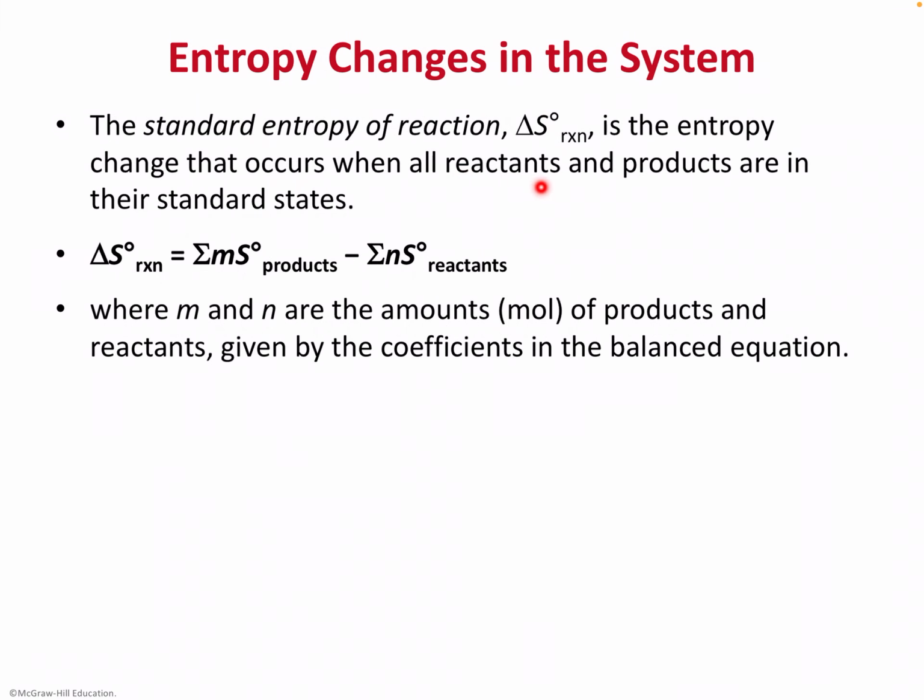all reactants and products are in their standard states. So if you want to find out delta S naught for a reaction, meaning at the standard conditions, what is the entropy change for a reaction, we're going to follow this formula where it says the sum of all the entropy values for the products minus the sum of all the entropy values for the reactants at their standard state.